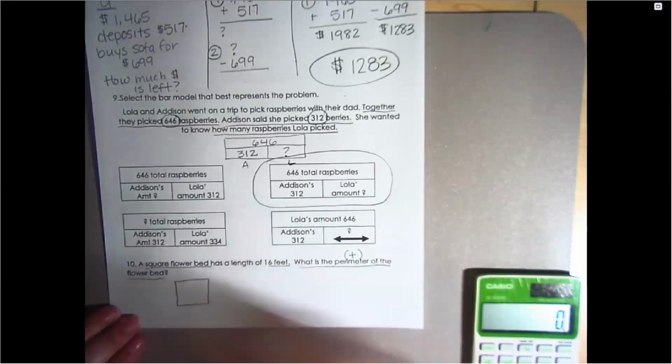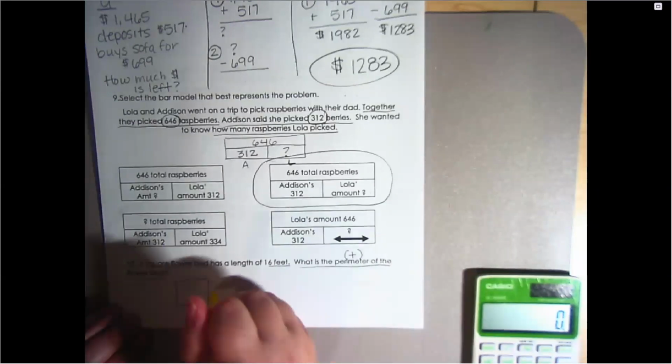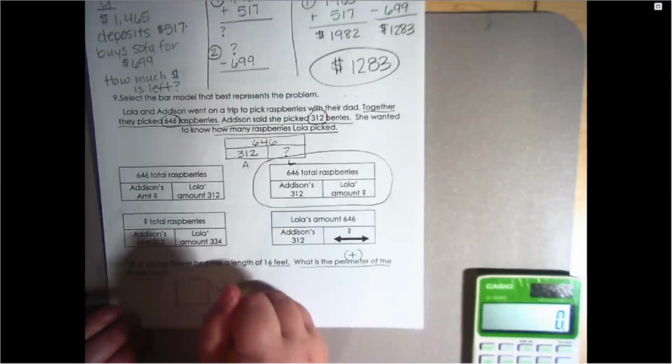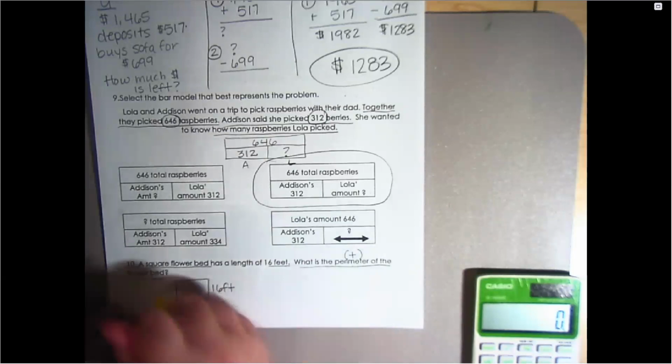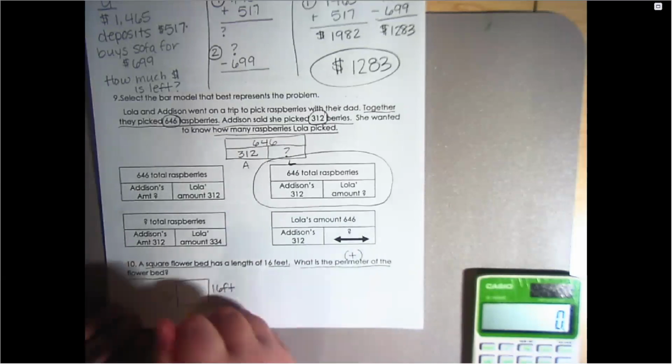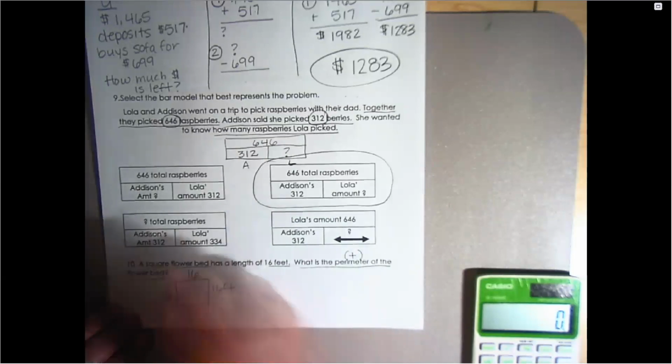And I know that each side of the square has a length of 16 feet. Now, things that we know about squares, there are 4 sides, and all 4 sides are equivalent or equal. So if this is 16 feet, then all the other sides are 16 feet.